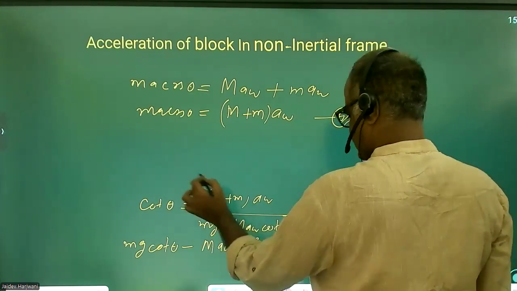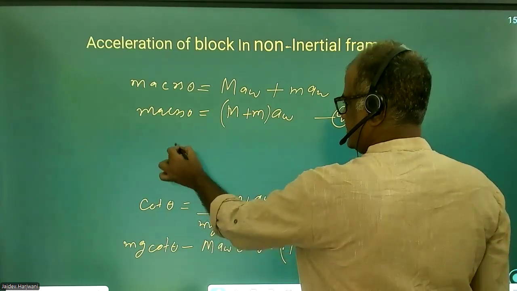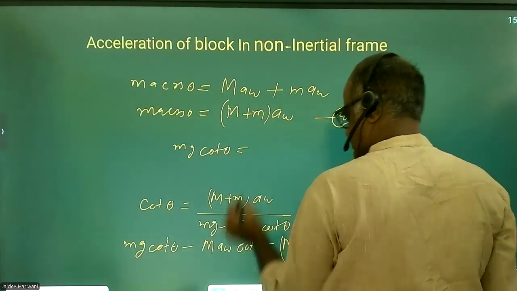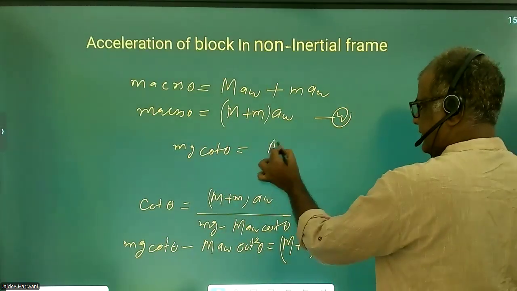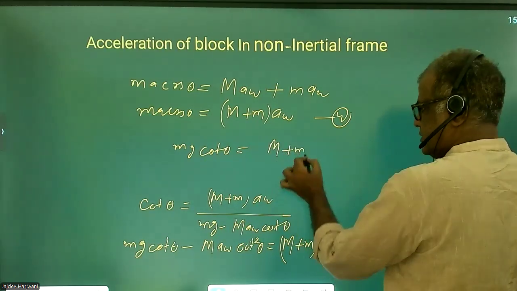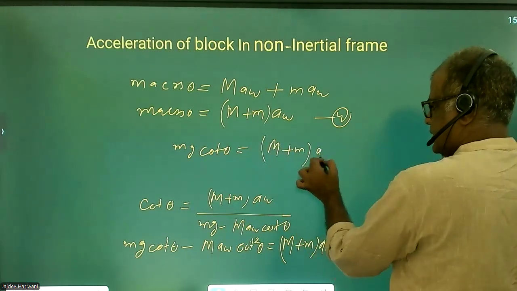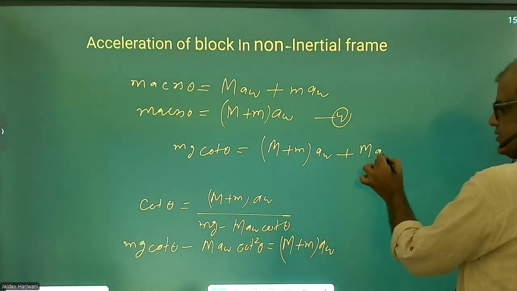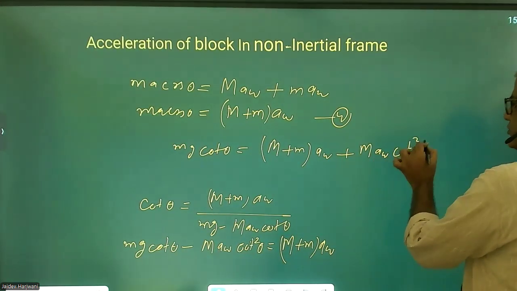So this will be mg cot theta equals a_w times (M plus m plus M cot square theta).